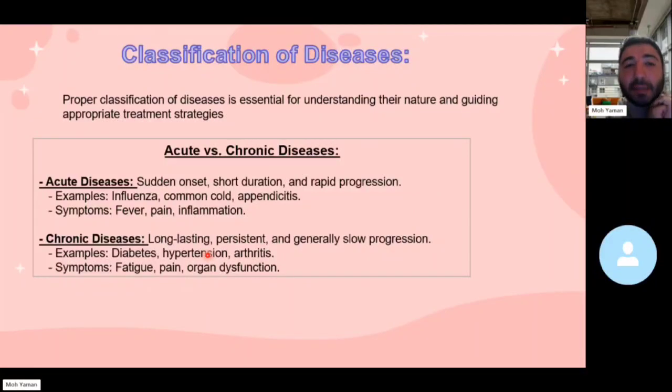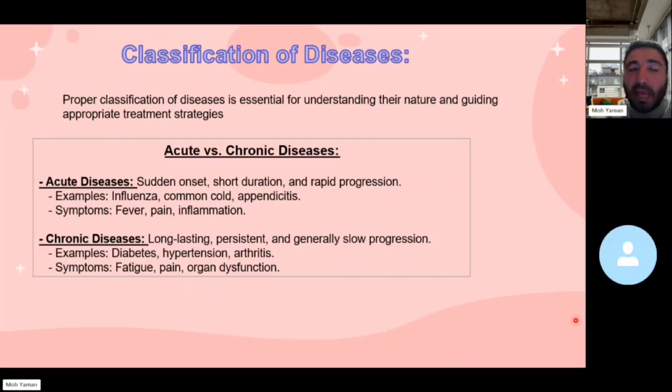Classification of disease. We can classify disease first of all into acute and chronic disease. There is an international classification according to acute and chronic. The most acute can start from hours to a maximum of 4 days. The acute from 4 days to 2 weeks.